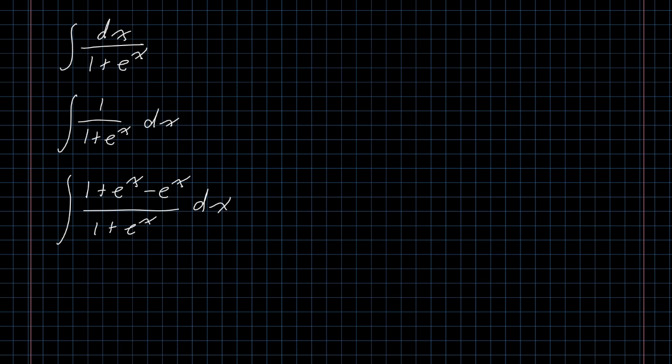Why did I do that? Well, originally I had addition in the denominator of the fraction, which meant I couldn't really do anything. But now I have addition in the numerator of the fraction, which means I can split this fraction up.